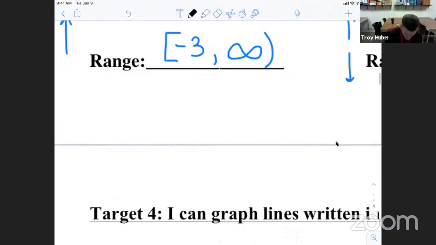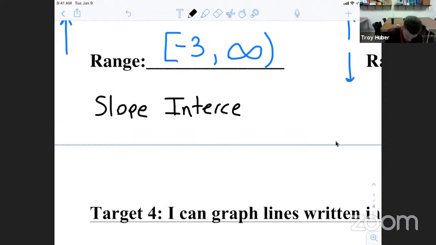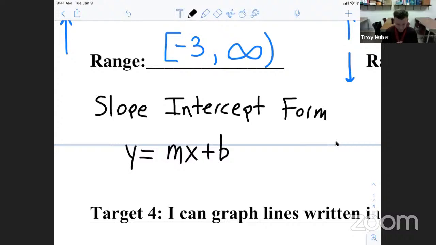The first one is slope-intercept form, and that is y is equal to mx plus b. All right, now this equation tells us some good information.